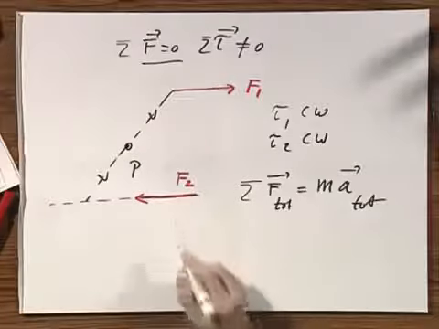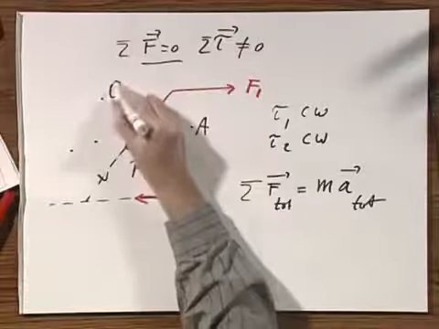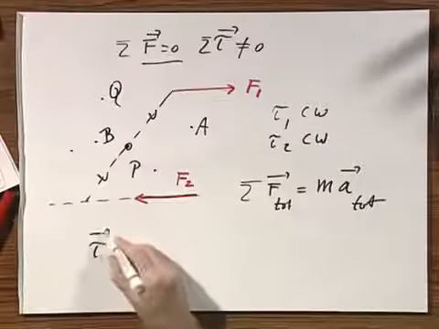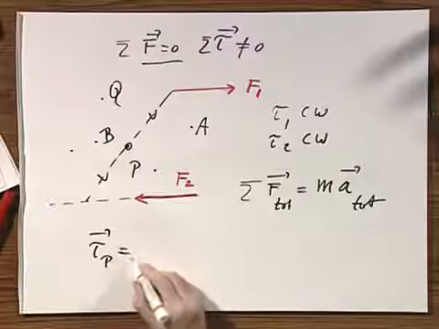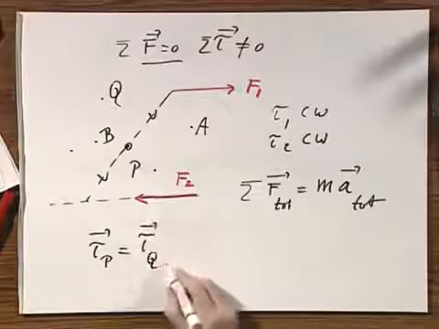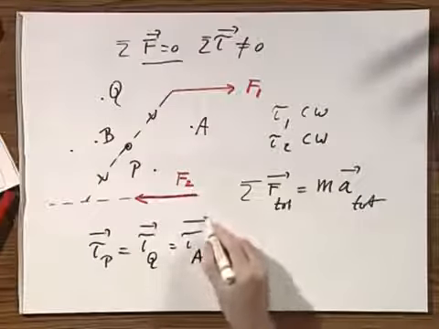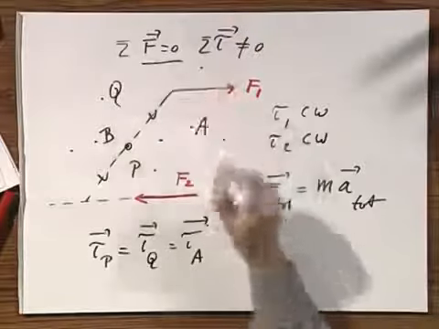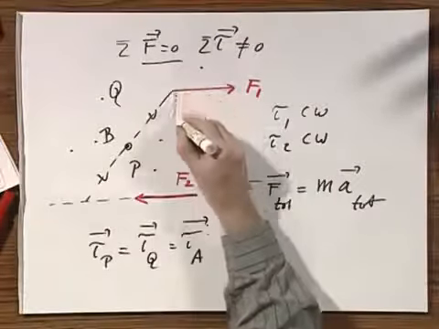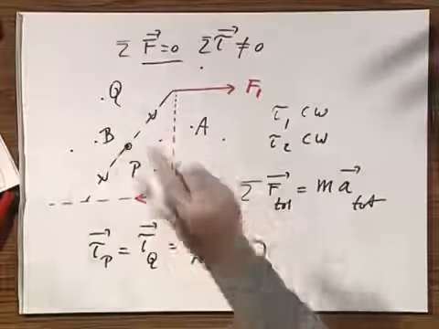In this specific case, no matter where you choose a point A, or Q, or B, this is a very special case, you can easily prove that the torque relative to point P is exactly the same as the torque relative to point Q, is exactly the same as the torque relative to point A, no matter where you put them. And the magnitude of that torque, of course the torque is into the paper, it's a clockwise rotation.